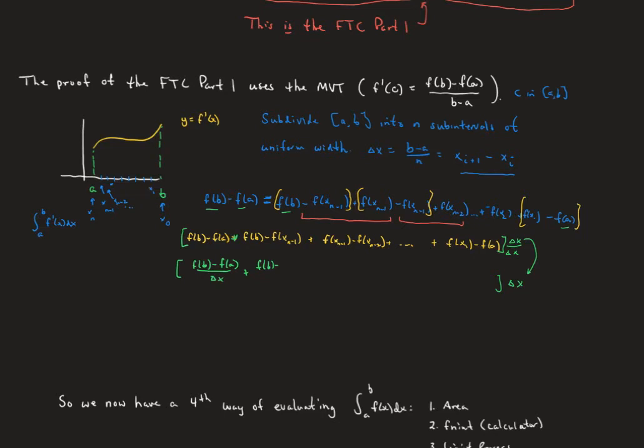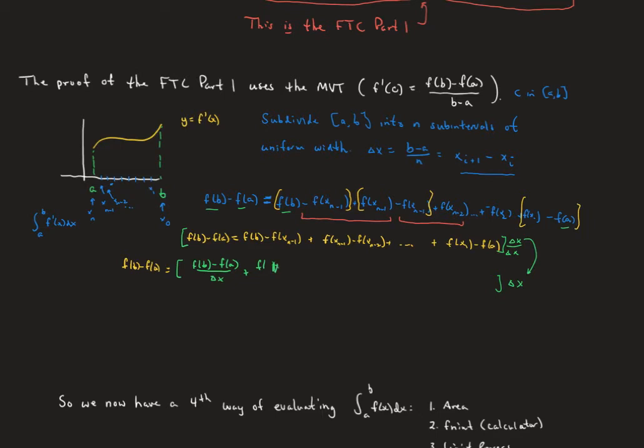Sorry, let me get that right. I had that right the first time. That was an equal sign. So we still have that f of b minus f of a is equal to all this stuff in here. So multiplying through by delta x over delta x isn't going to change the equality.